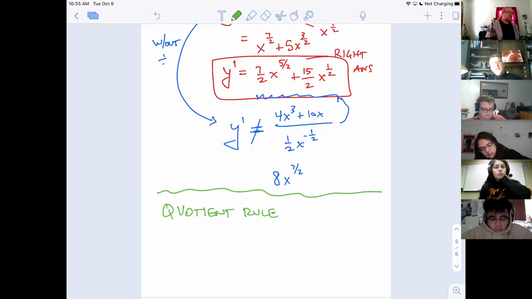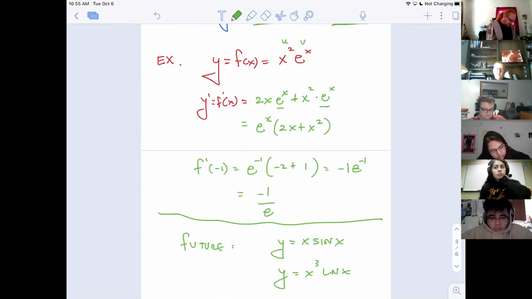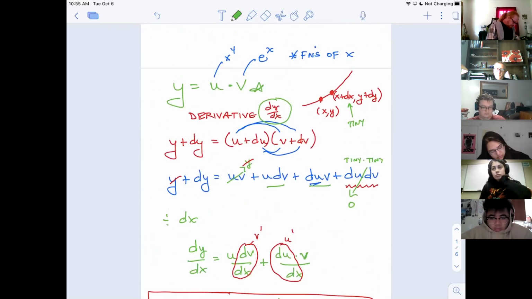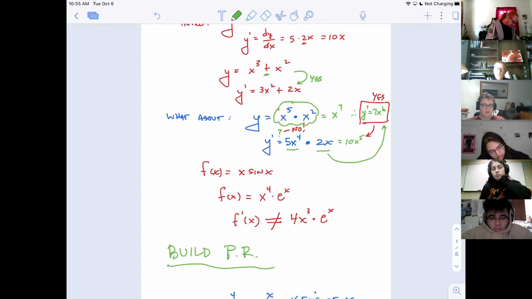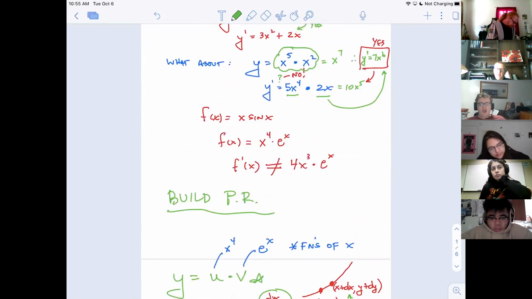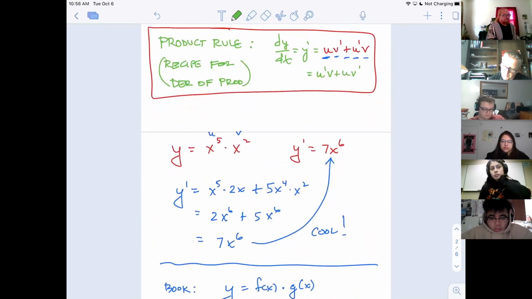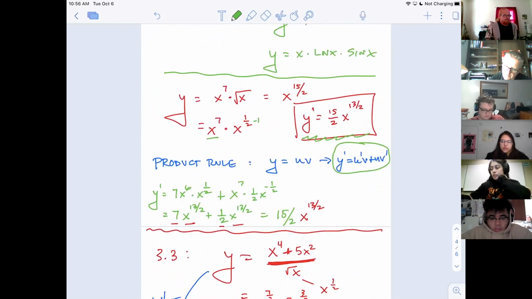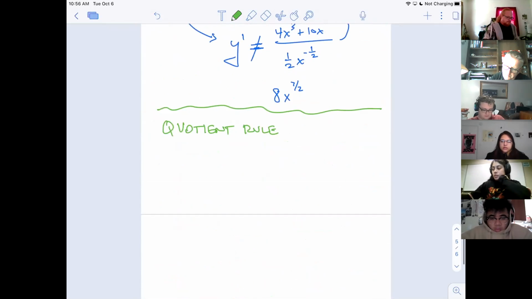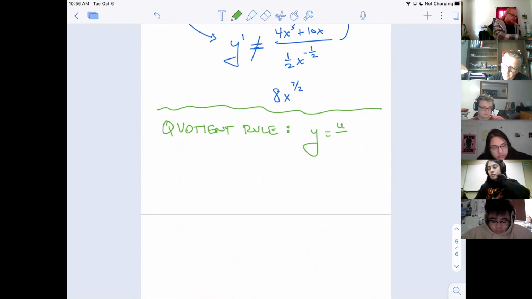Let's go back to that same logic that we used before that I stole from Sylvanus P. Thompson, to build, not prove, the product rule. We started with y equals u times v. So what are we going to start with this time? u divided by v.